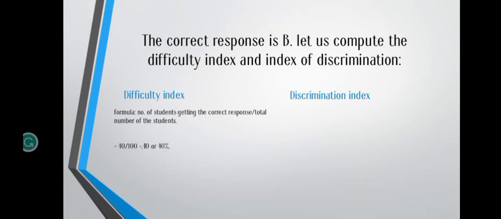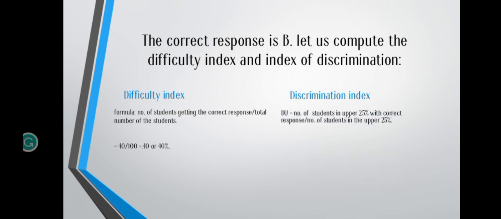Okay, so 40 sa letter B. Letter B ang tamang sagot. So 40 yung sumagot sa letter B. So ibig sabihin 40 divided by 100 is equal to 0.40 or 40%. So ayan yung magiging difficulty index nila.